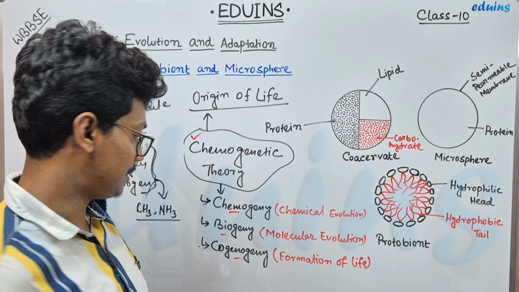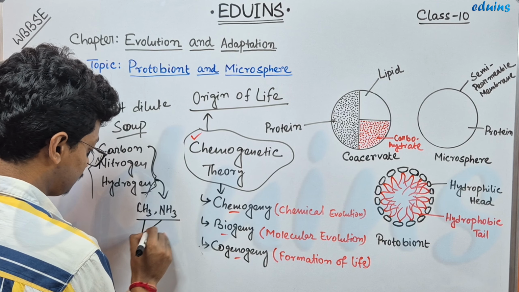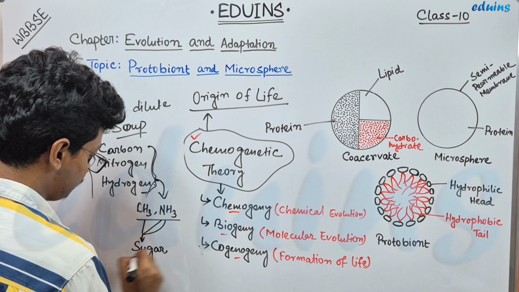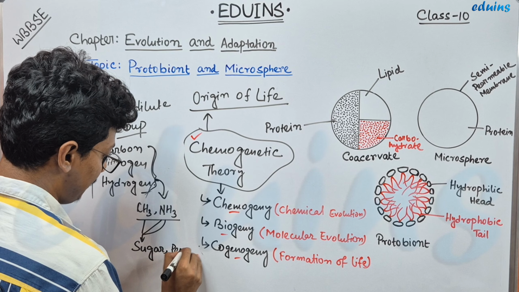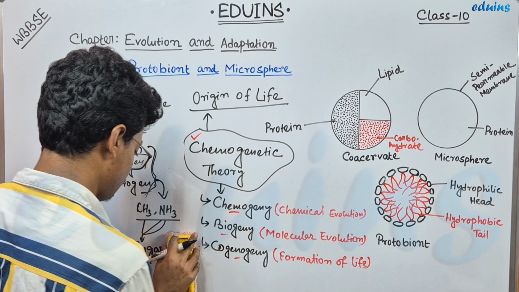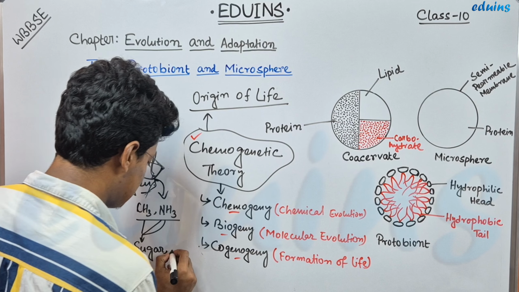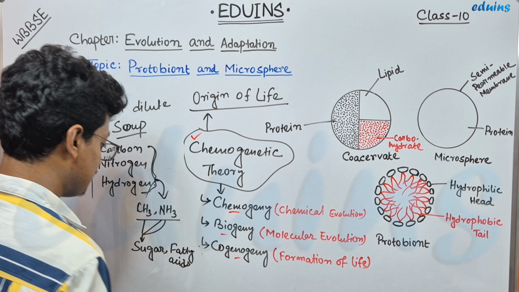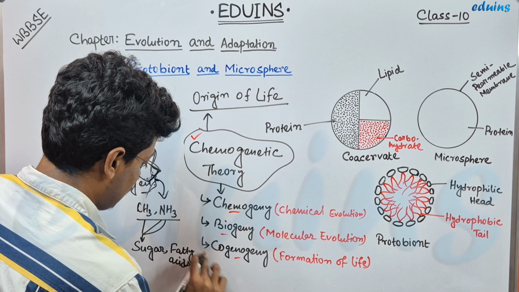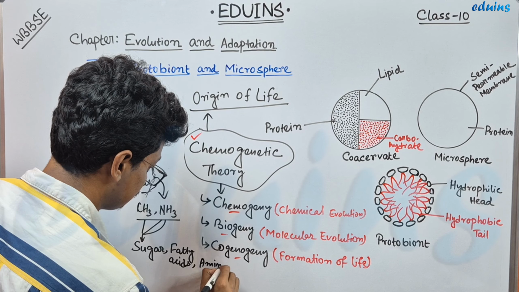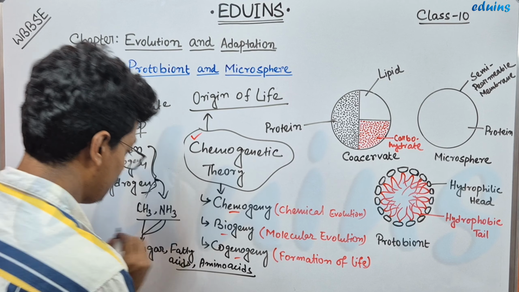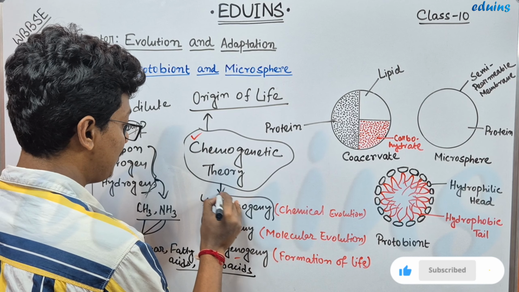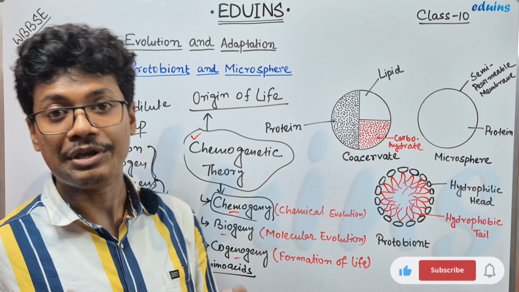And these substances further produced sugar, fatty acids, amino acids. This is in chemogeny, the chemical evolution.